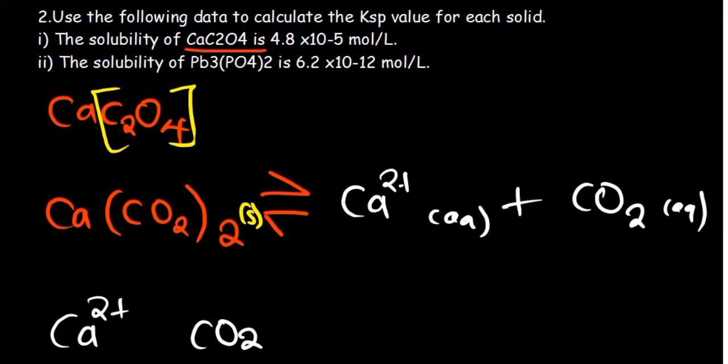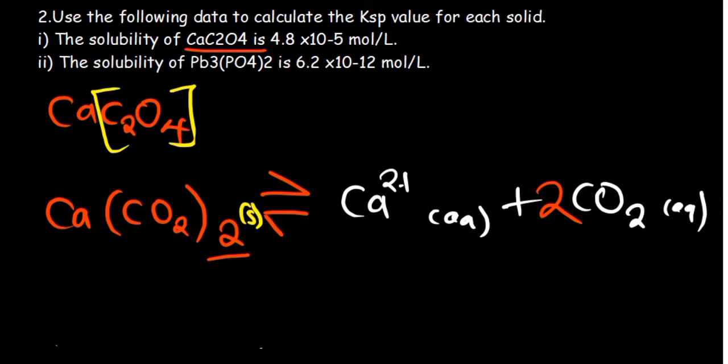And then what we have, we can have these 2 on the carbon dioxide part. So this is basically very, very important for us to show. Okay, what can we say now? So we've balanced our equation.